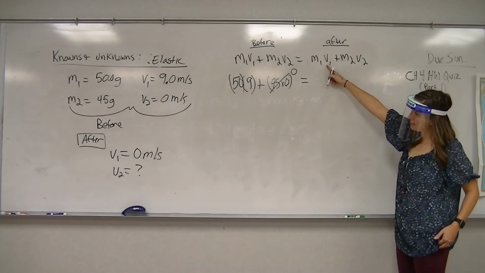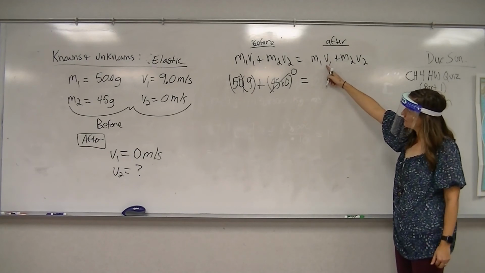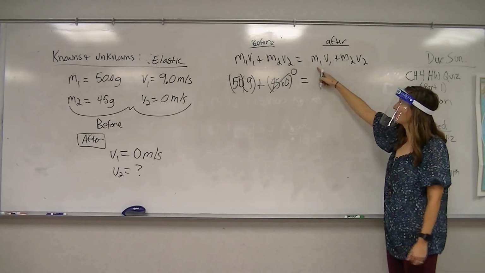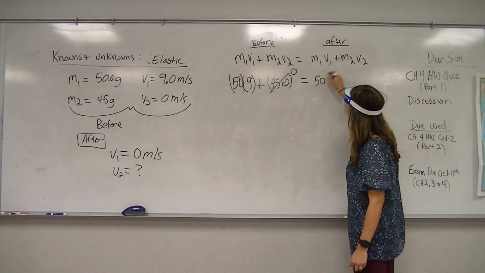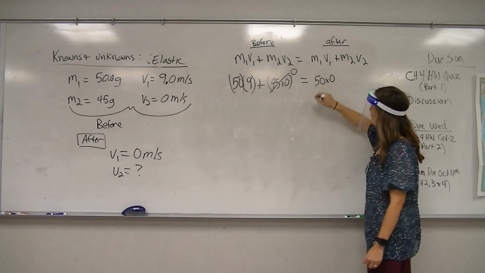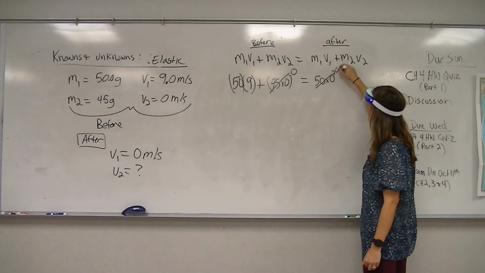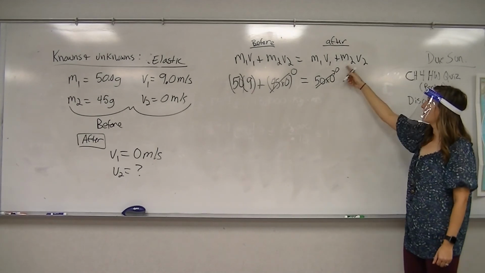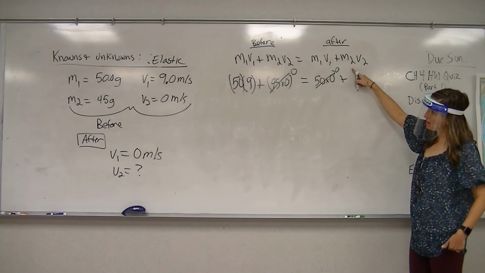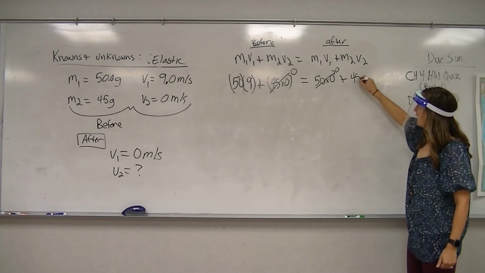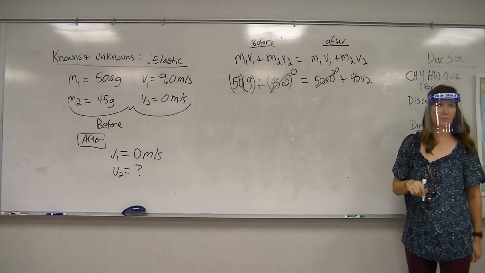After, we have the mass of ball 1. That's the one that stops, so now its momentum is going to be 0, right? It's 50 grams, but it's going 0, so anything times 0 is 0. But for M2V2, we have a mass of 45, and the V2 is what we're trying to figure out.